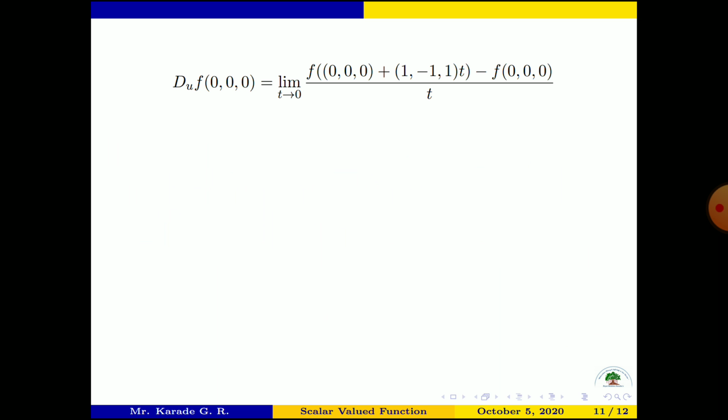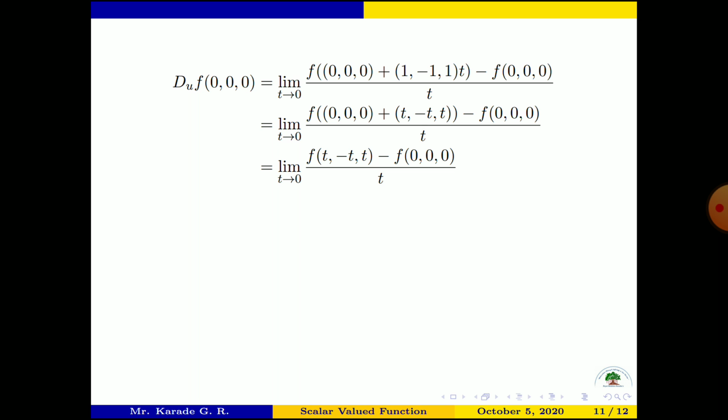Once again, previously we made this step: limit t tends to 0 f of 0, 0, 0 plus 1, -1, 1 into t minus f of 0, 0, 0 divided by t. Here let us simplify the argument in the function. After simplification, the argument we have is t multiplied with the vector 1, -1, 1. It becomes t, minus t, t, and that vector we add to the 0 vector.